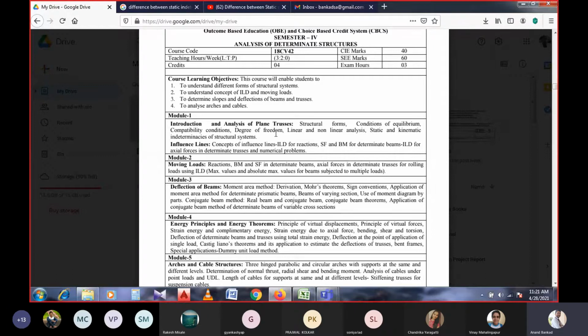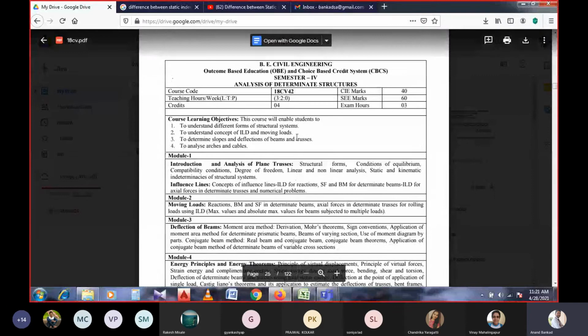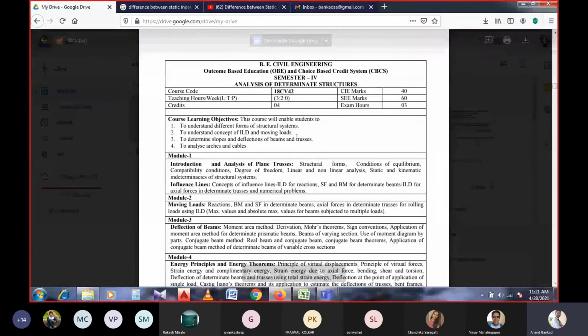Once you can distinguish between static and kinematic indeterminacies of structures, then only you will be able to understand the concept of determinate structures. What is determinate and what is indeterminate, what is static and what is kinematic. That is why I am asking you, that is the very basic thing, the degrees of freedom.